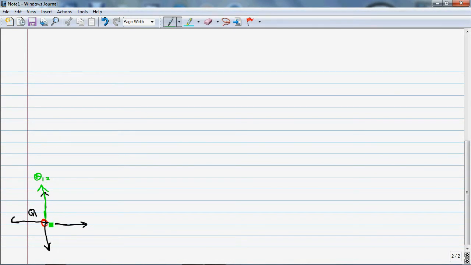And for charge 3, it's going to be pushing away, so it's going to be in this back direction. That's going to be theta 1, 3. And for charge 4, it's going to be going straight along the x-axis, so it's going to be theta 1, 4.